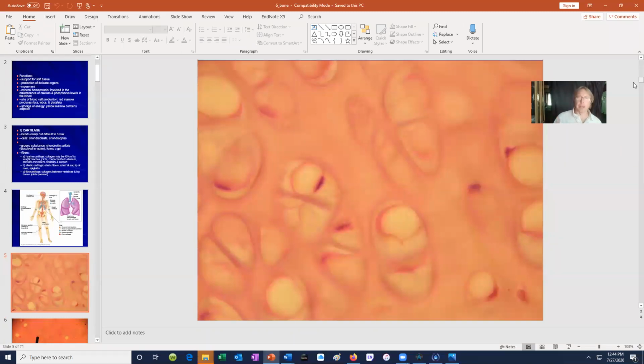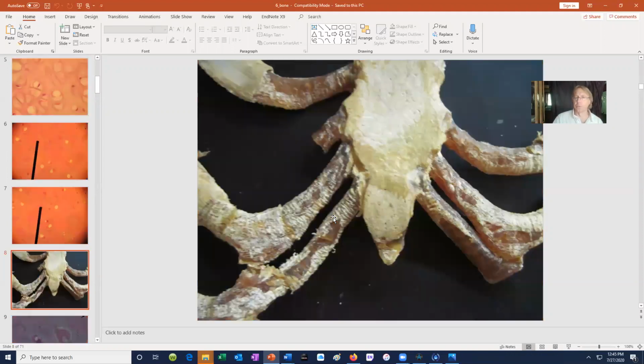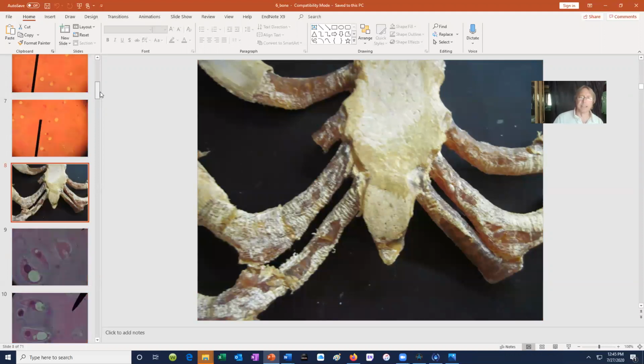Now, this first chapter is on bone tissue and cartilage tissue, and then the upcoming chapters go through the anatomy of the bones of the arms, the legs, the skull, etc.